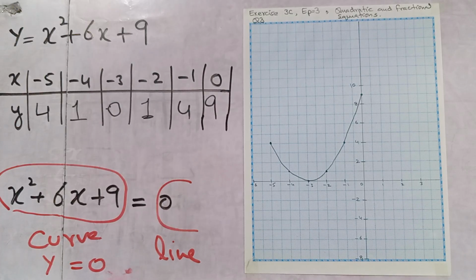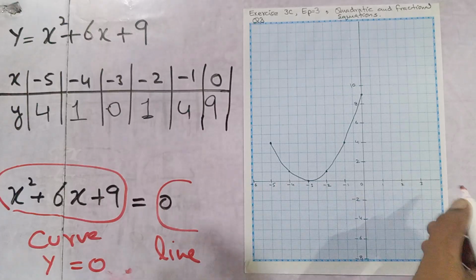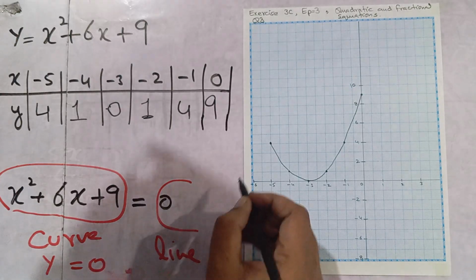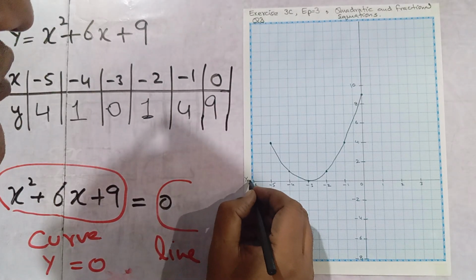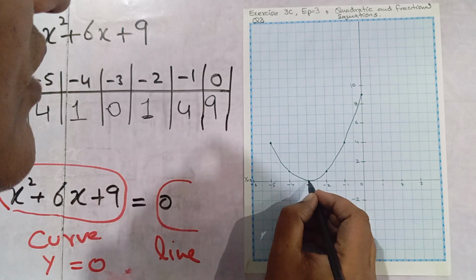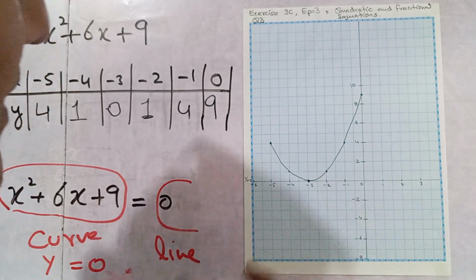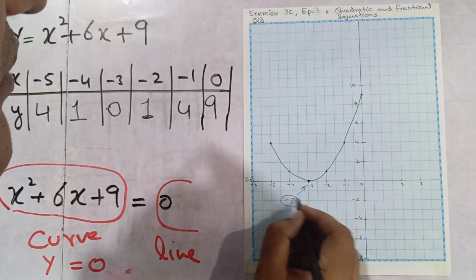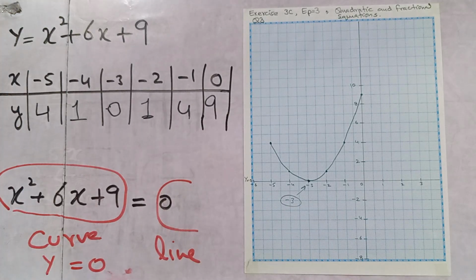So I will draw that line y equals 0 and check what the answers are. Your graph only touches at one point, and that is -3. So -3 is the answer.